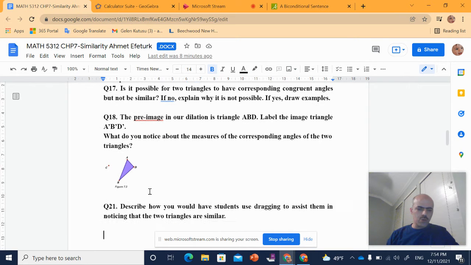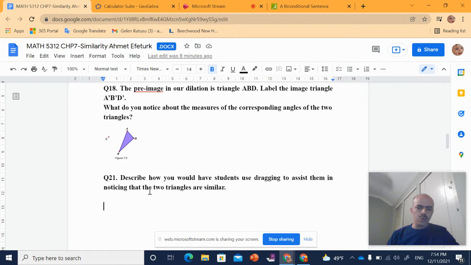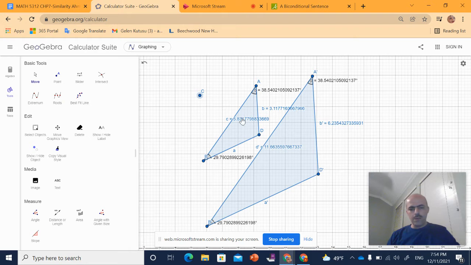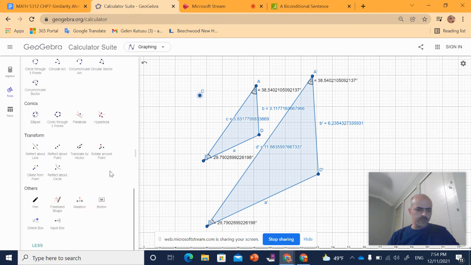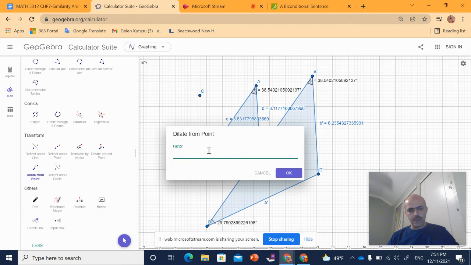And question number 21 says to describe how you would have students use dragging to assist them in noticing that the two triangles are similar. So what we did, we put 1 over 2, and we can even make one more dilation, for example, this one according to this center, and let's make it 1 over 2, half.